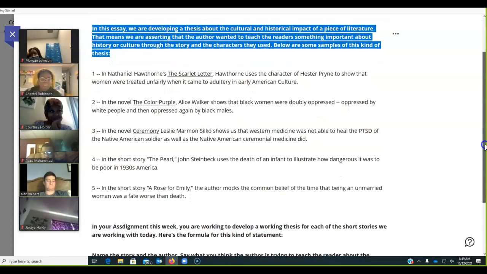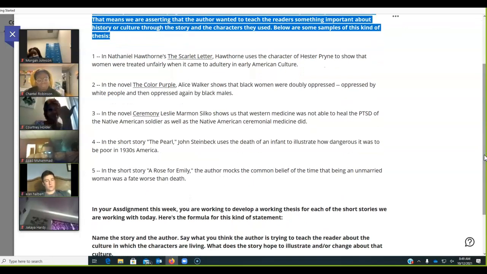Okay, so this is a different thesis than we had before. In the last one, you could just talk about the theme and be off and running, right? You could say, okay, I think they're teaching us this about loss, or I think they're teaching us this about choices, right?